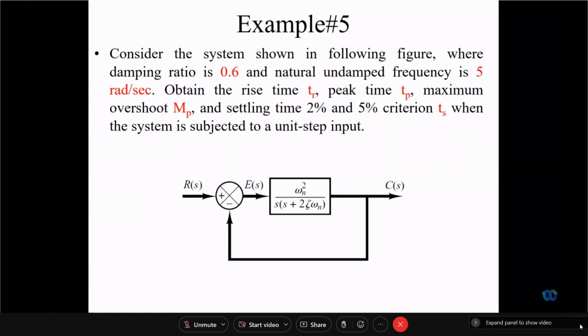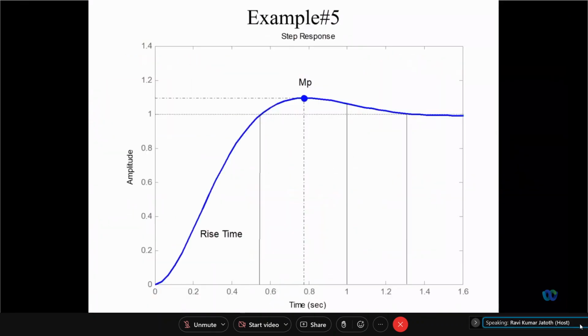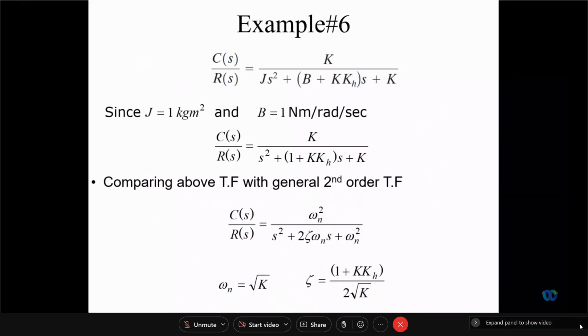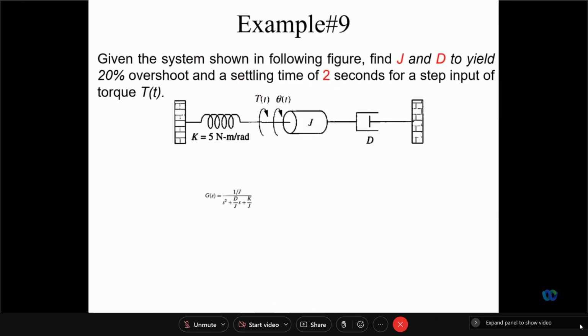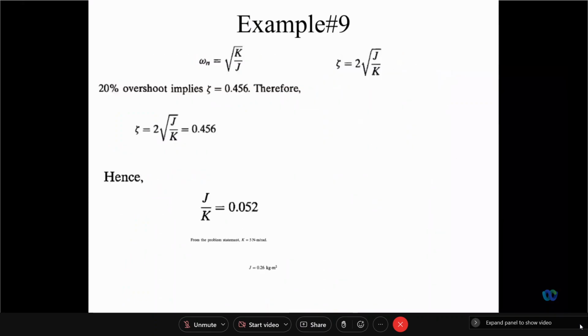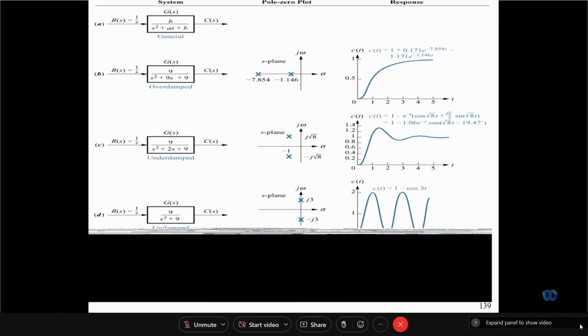So this is what we have seen. This is a critically damped system. This is also what we have seen.